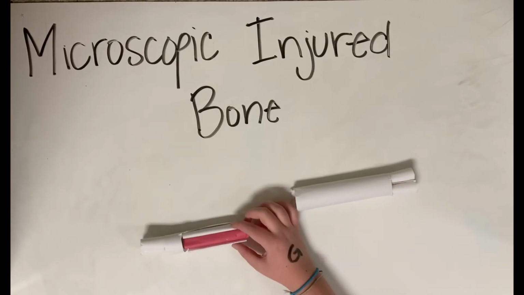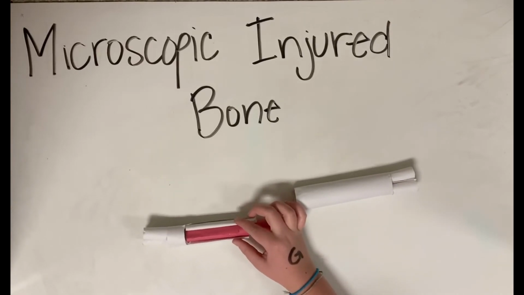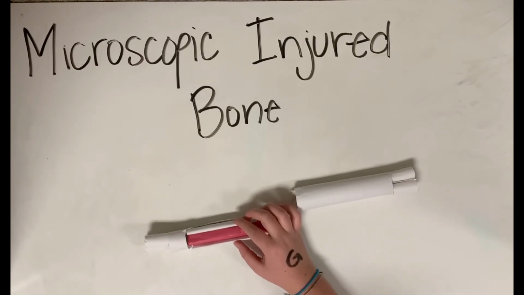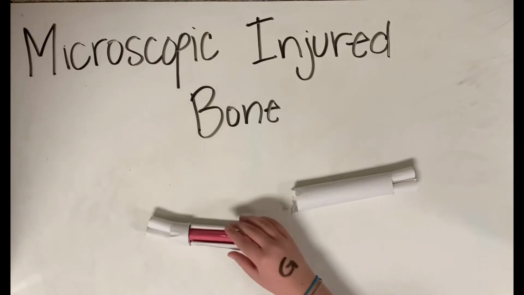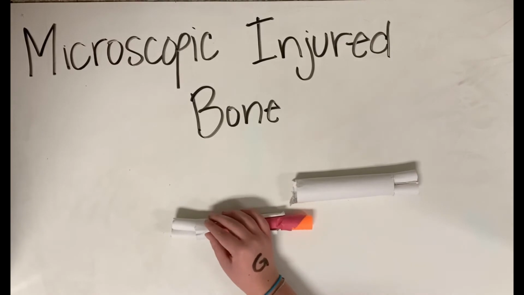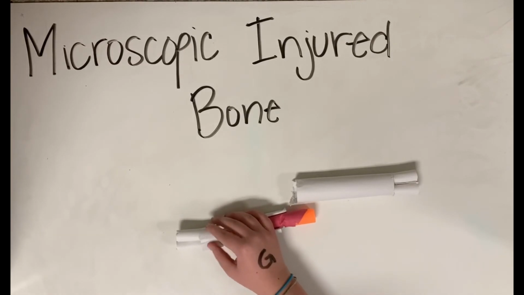These two tubes right here are the compact bone. It gives density, which helps surround the bone and protect it. This is the spongy bone. Right here, it's flexible.